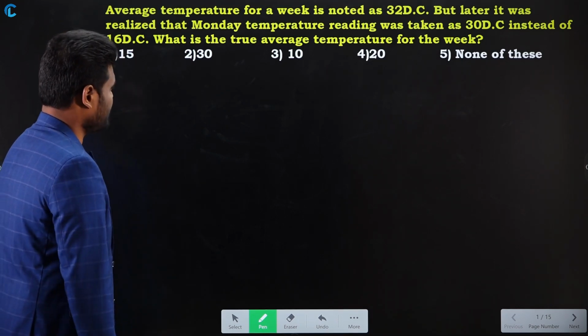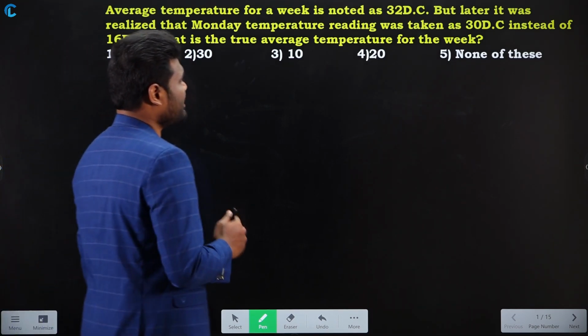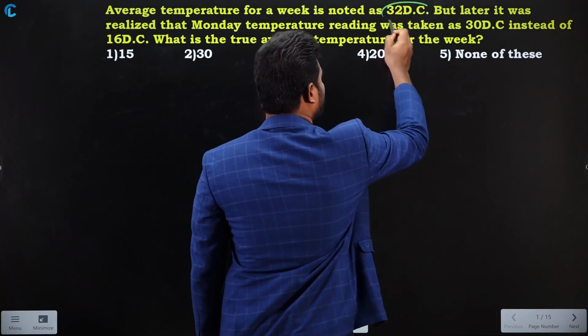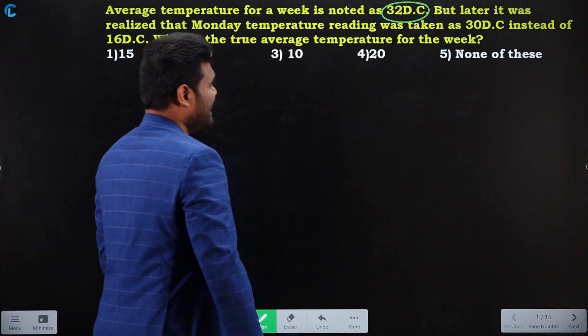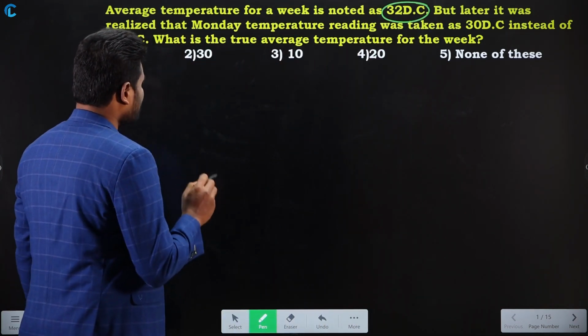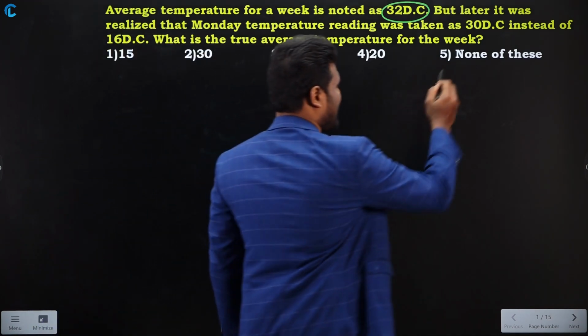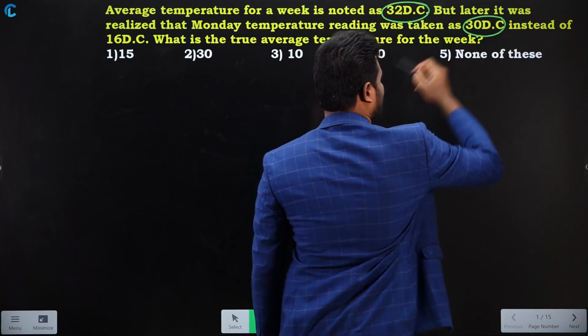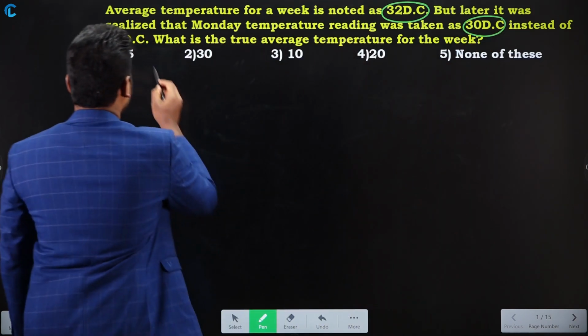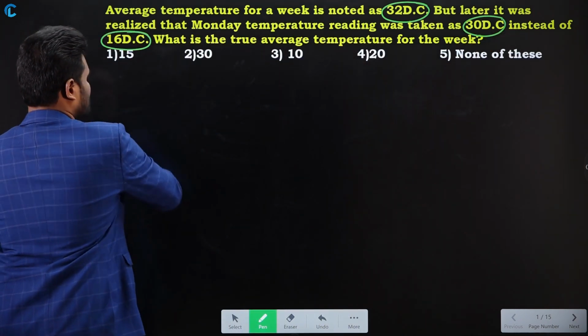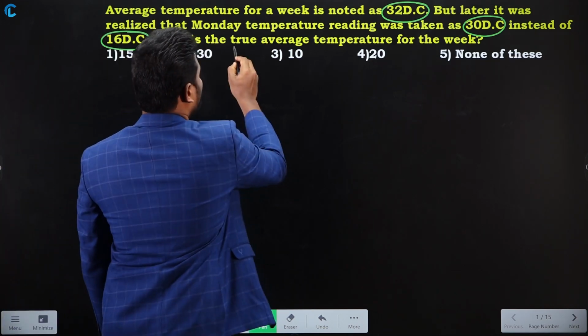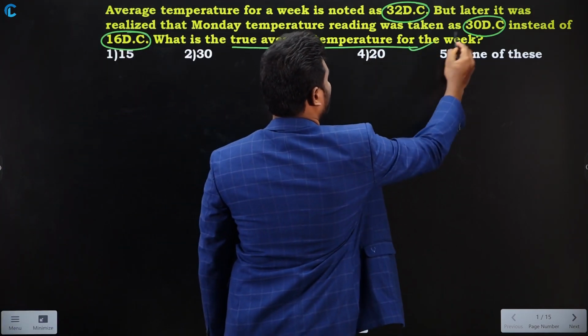Average temperature for a week is noted as 32 degrees Celsius, but later it was realized that Monday temperature reading was taken as 30 degrees Celsius instead of 16 degrees Celsius. What is the true average temperature for the week?